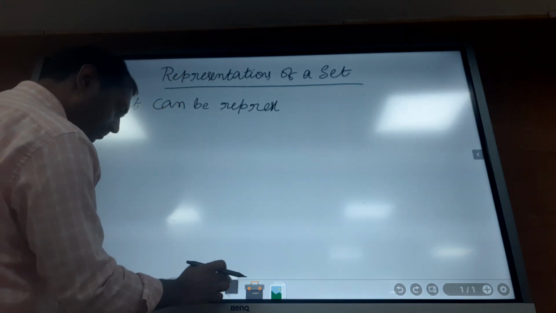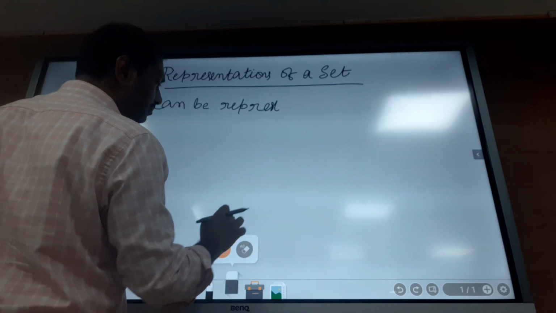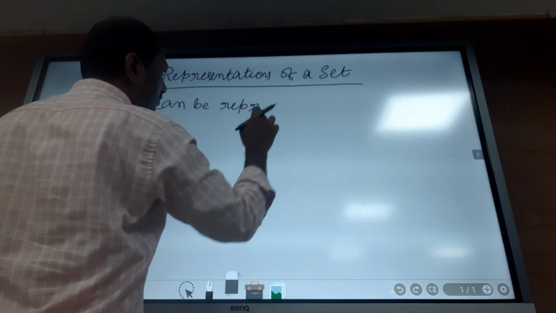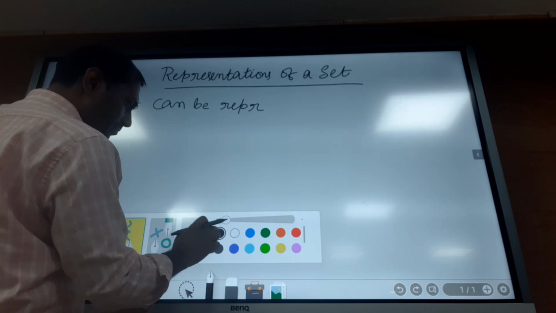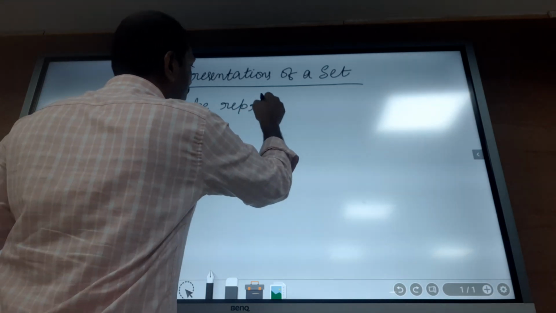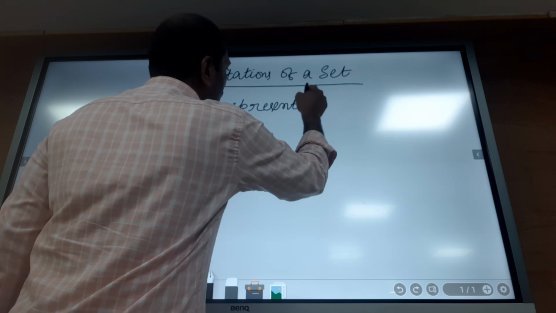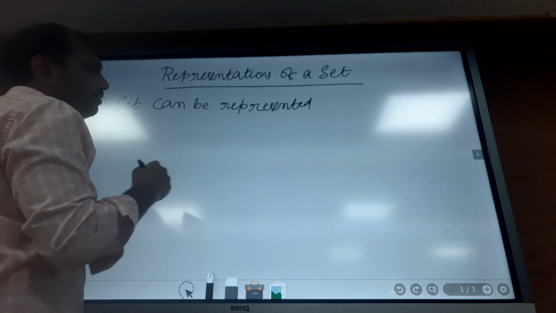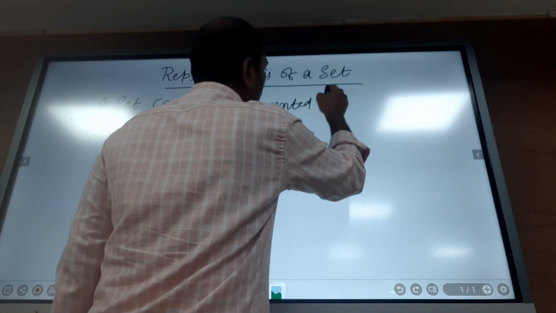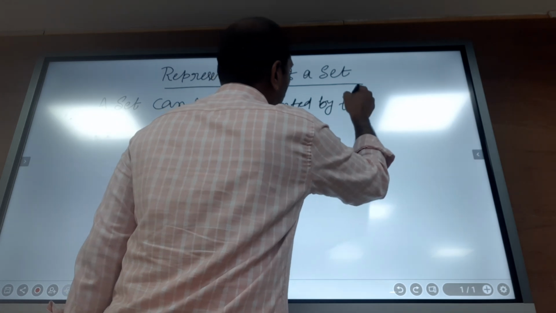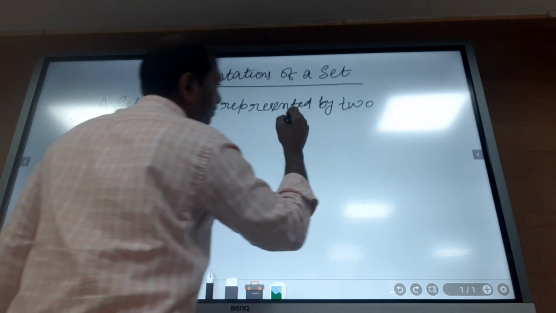A set can be represented by two methods.